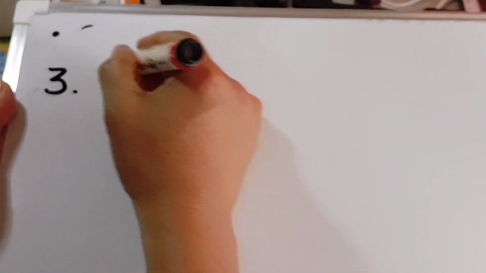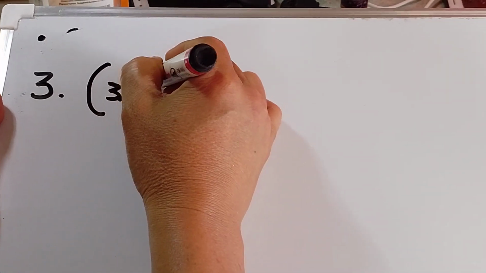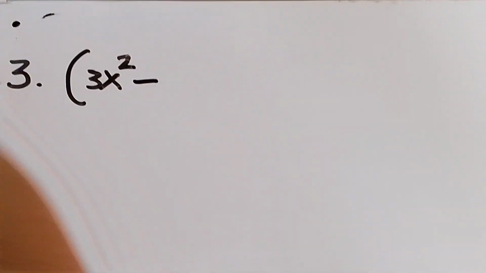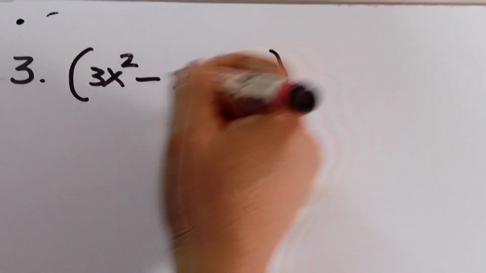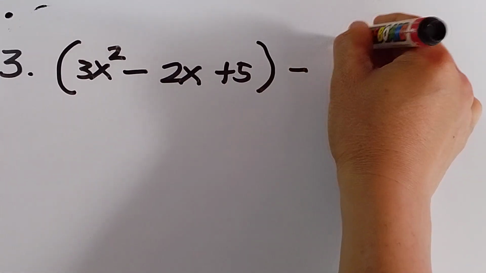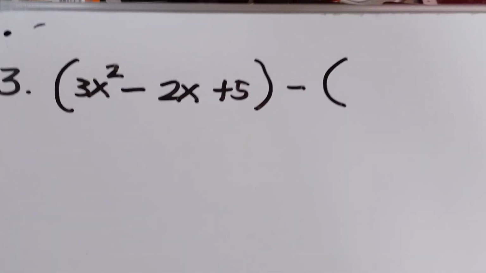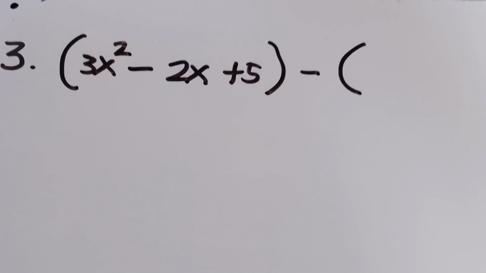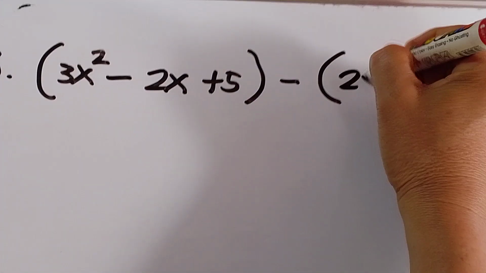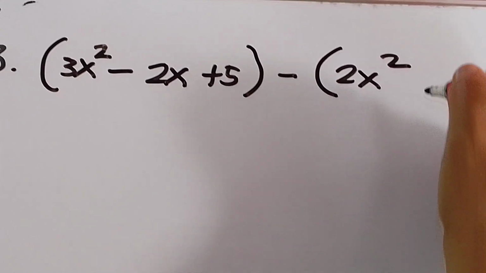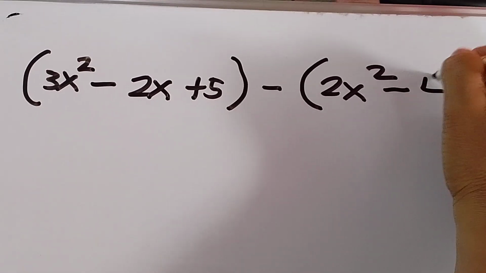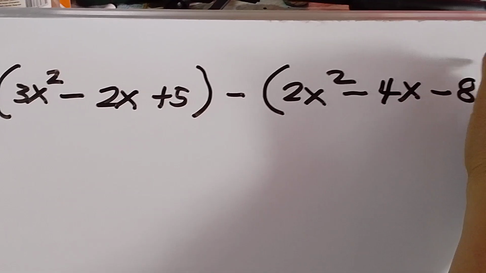Okay, number 3 will be (3x squared minus 2x plus 5) minus (2x squared minus 4x minus 8).